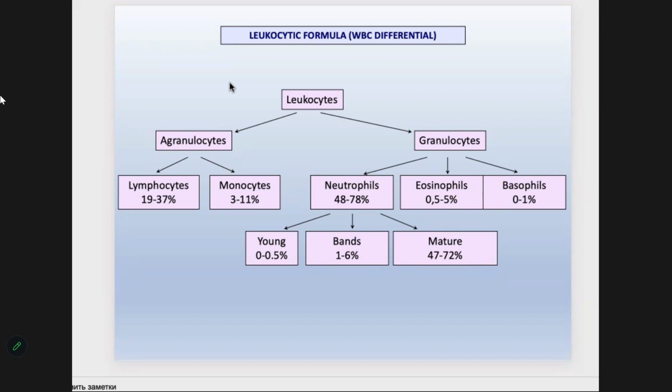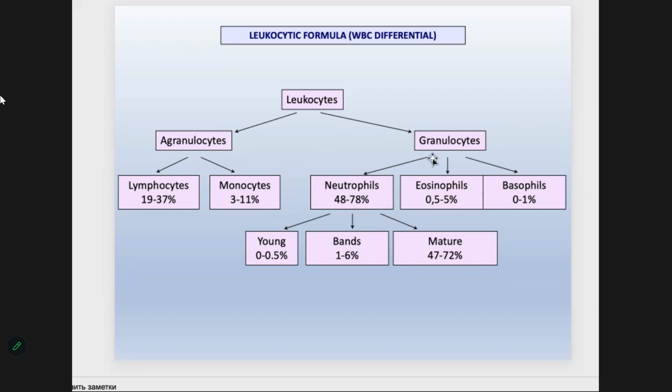Non-specific granules are named primary granules, or lysosomes. These lysosomes house lysosomal enzymes, antimicrobial proteins, and other biologically active substances. But granulocytes also house secondary, specific granules in the cytoplasm.